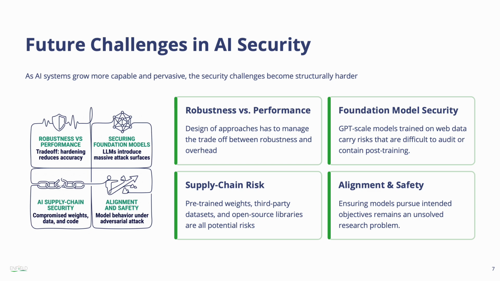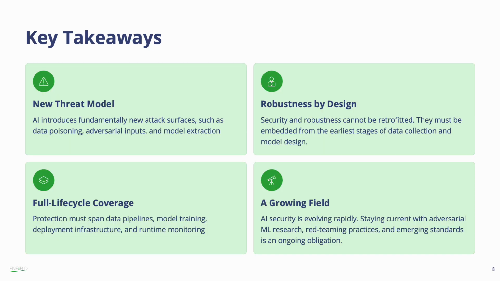Finally, as AI systems are being employed in safety critical applications, it is needed to be able to ensure that our models will pursue their intended objectives throughout their lifetime. And this is a challenge that we are still facing and trying to find ways to fix.